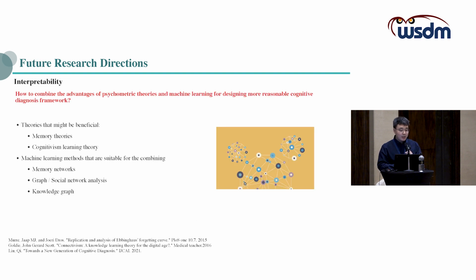Okay, the next one is interpretability. How can we combine advances in psychology theory and machine learning to design more interpretable knowledge tracing models, so that we can use memory theory and learning theory.